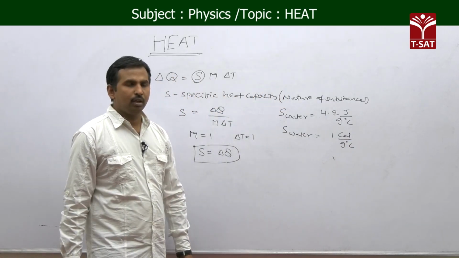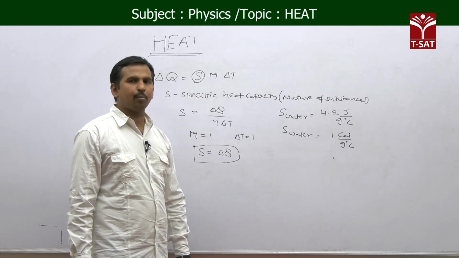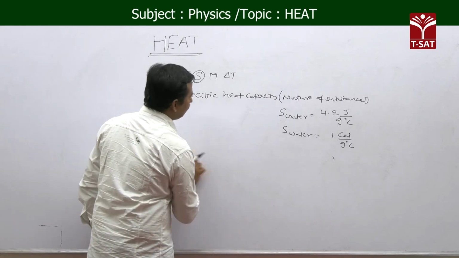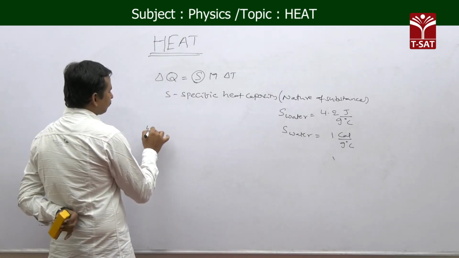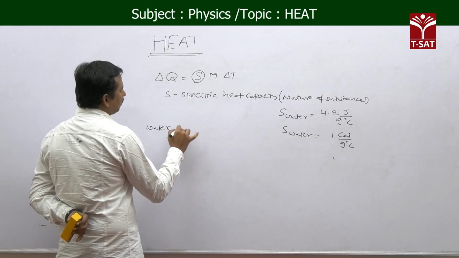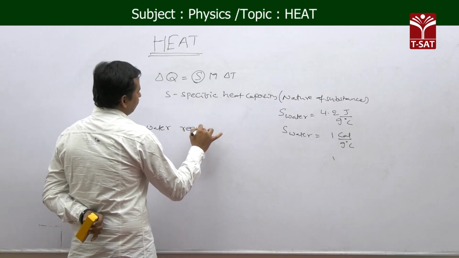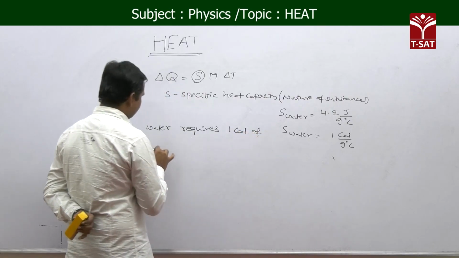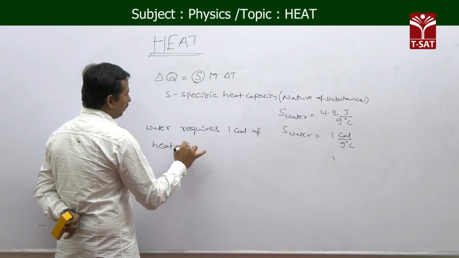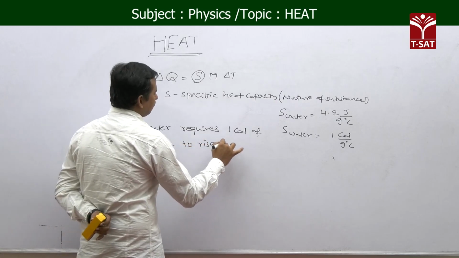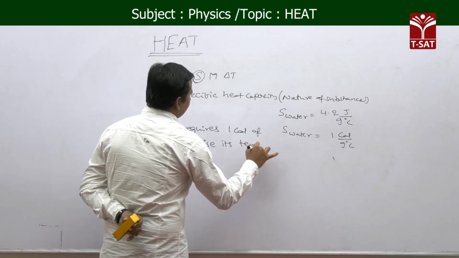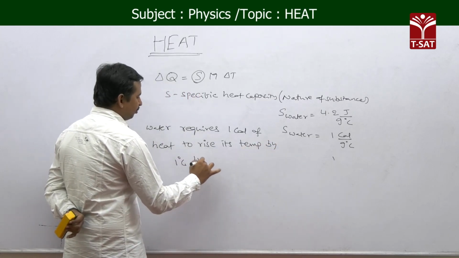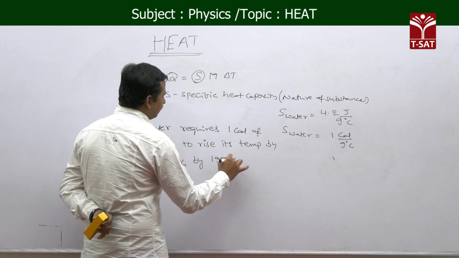So, what do we mean by this specific heat capacity of water? 1 calorie per gram degree Celsius means water requires 1 calorie of heat to raise its temperature by 1 degree Celsius for 1 gram of water.